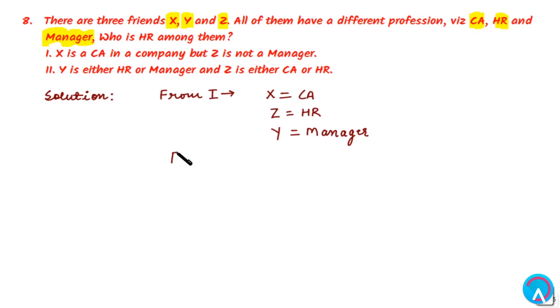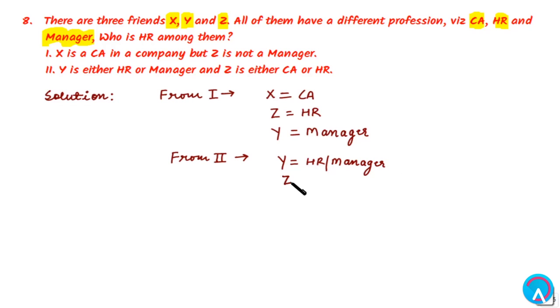Now let's move over to statement 2. From statement 2 we have Y is either HR or manager. So Y can be HR or manager. He can be either of the two.